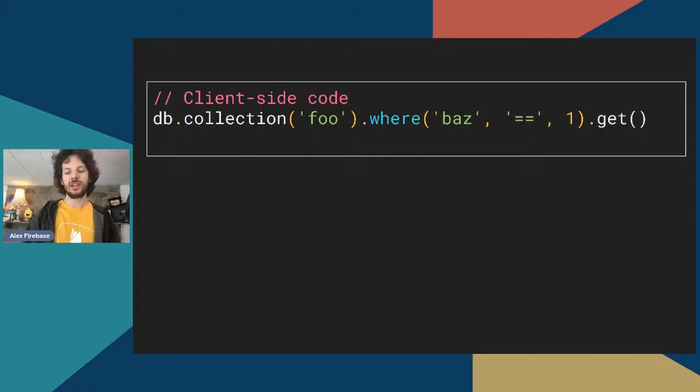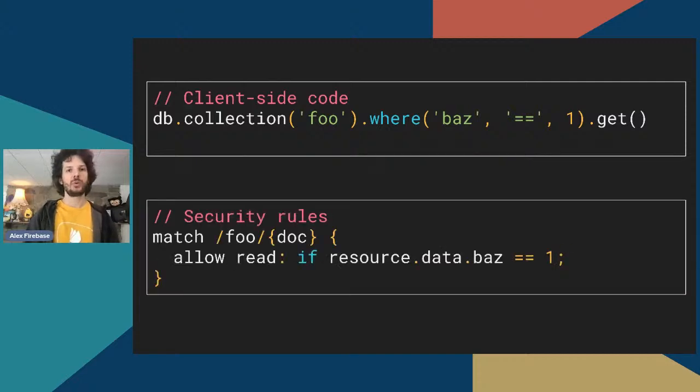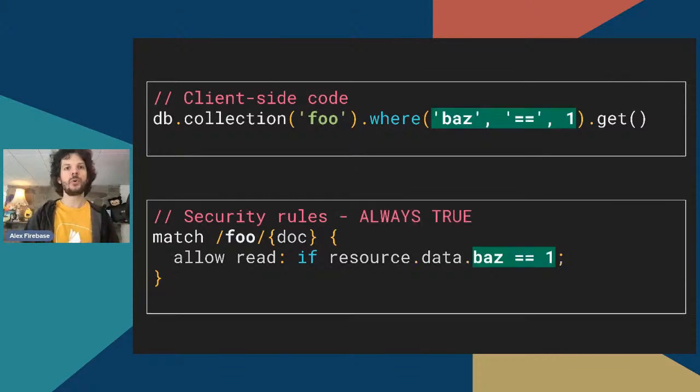Now, when you read data, we have a similar concept. We would allow read if your queries, if your conditions match the rule. Now, this is very important. We need to make sure that your query will always match your rule in order to allow the query to run. This allows us to run the rules blazingly fast and scale up easily, because the rules do not run as a fully fledged Turing-complete environment on their own.